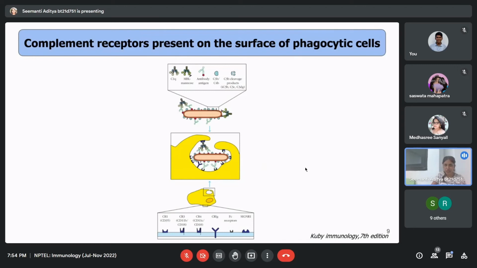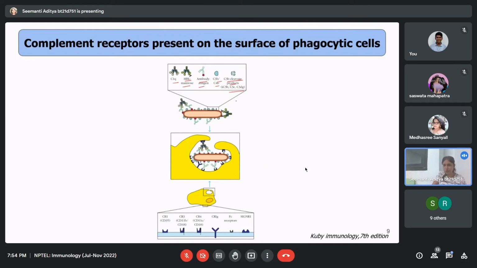So all of these are complement proteins: C1q, MBL, mannose, antibody antigen, C3b, C4b. Different kinds of C3b cleavage products are also there. So it's not just C3a and C3b. C3b gets cleaved into several subunits, and these subunits can be regulated by different kinds of proteins.